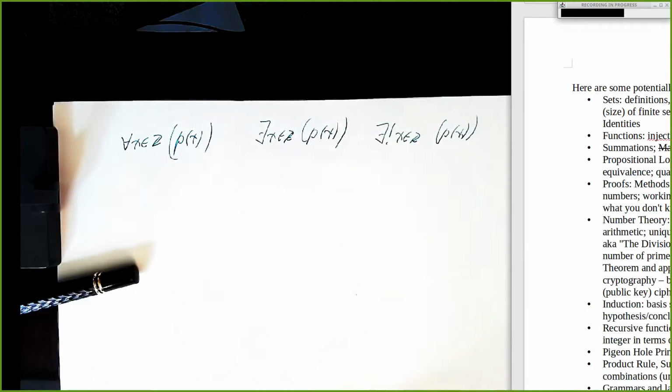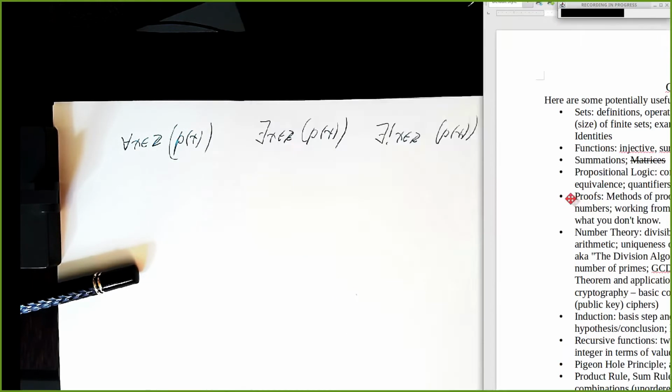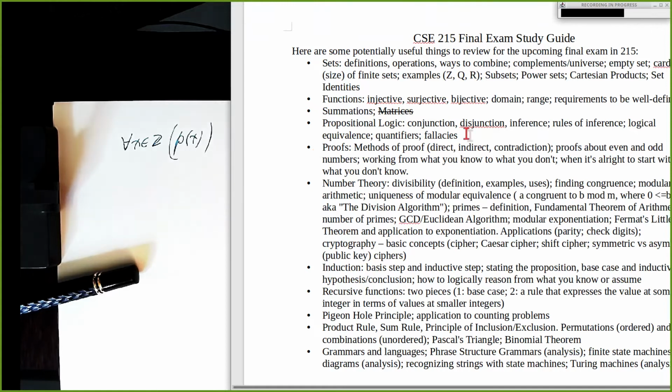So those are quantifiers. And fallacies, two fallacies we talked about: denying the hypothesis and affirming the conclusion. So make sure you know what those are. They're kind of the opposite of detachment and indirect reasoning.